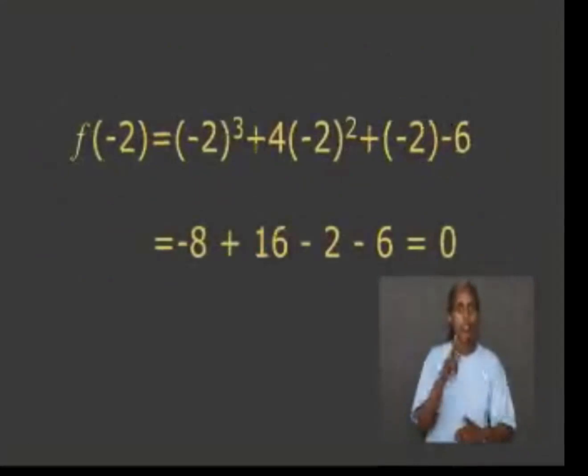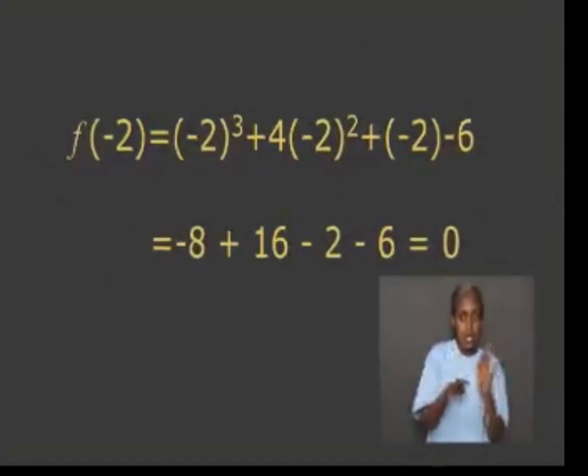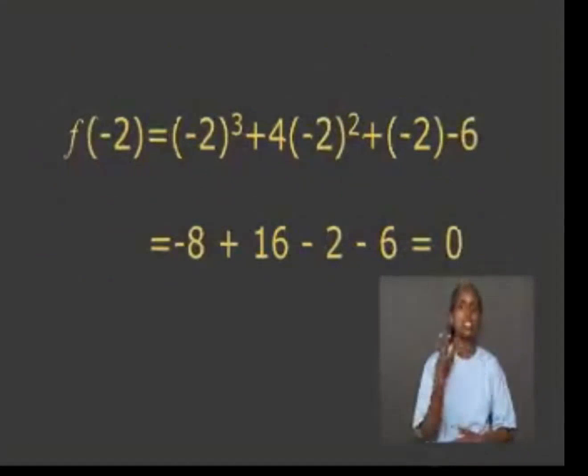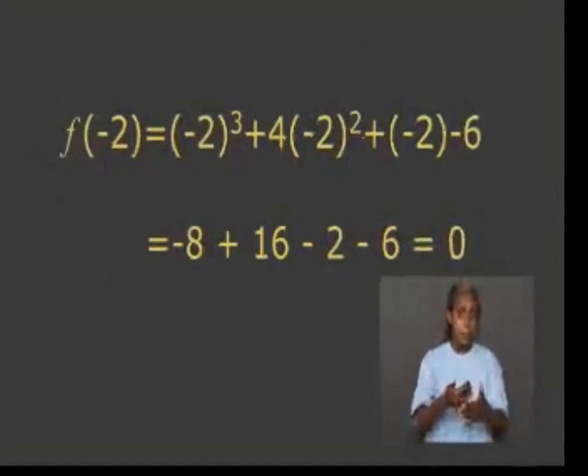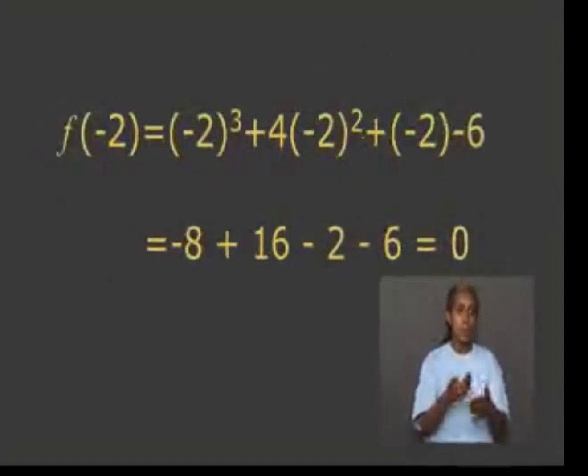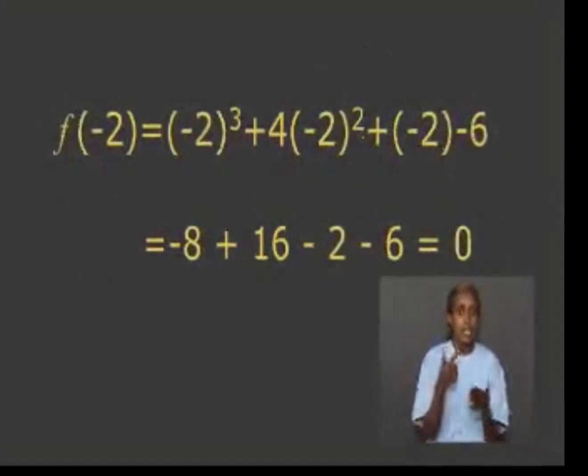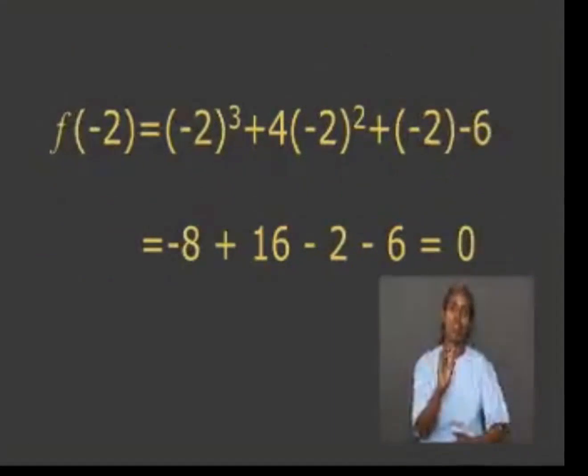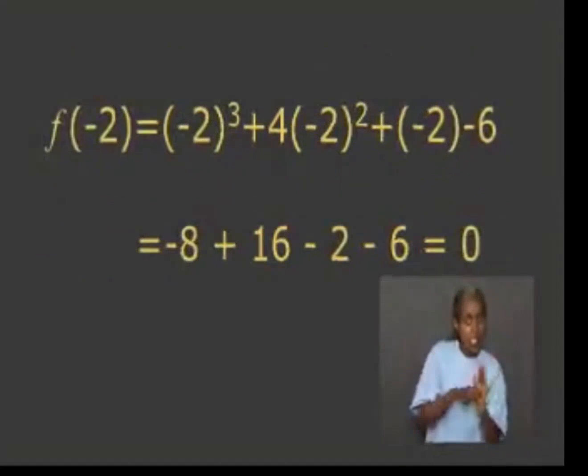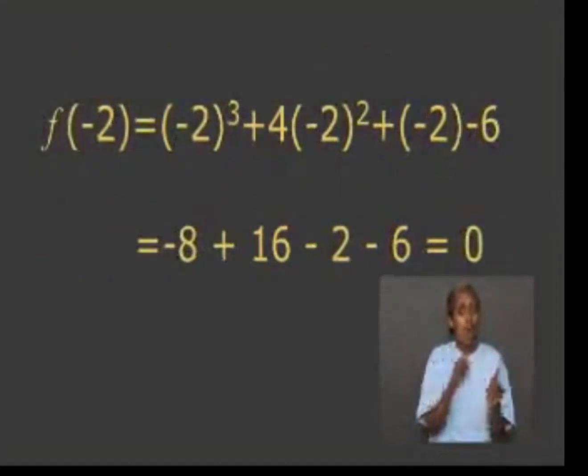F of -2 equals -8 plus 16 minus 2 minus 6. This also equals 0. Therefore, -2 is also a zero of the function.